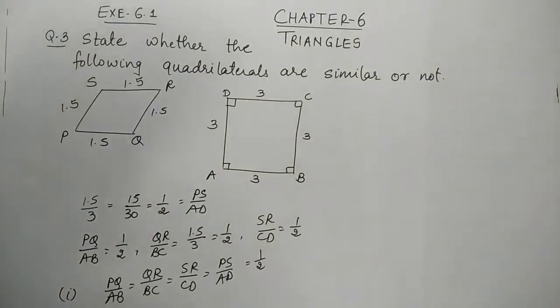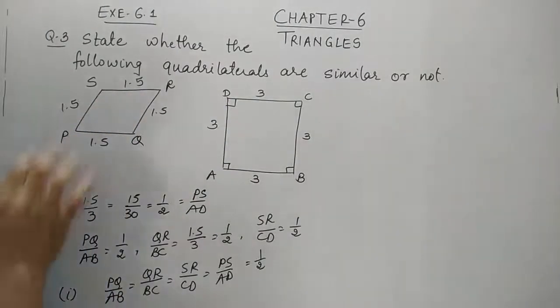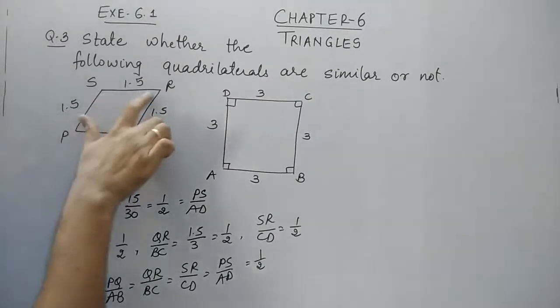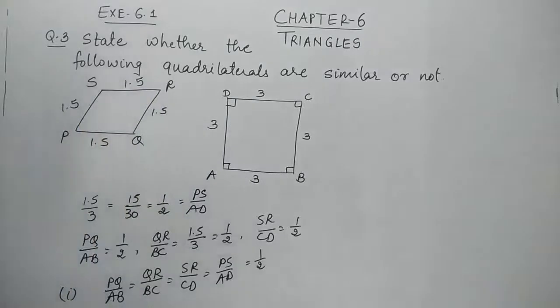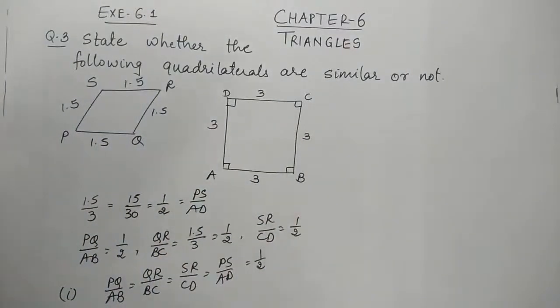Now when we go for the second condition, both the conditions are supposed to be fulfilled. Now look at all the angles; the measures of the angles are not given. So we can say that it is a rhombus, cannot be a square, because we cannot find out it's a right angle. But look here, all the angles in ABCD are right angles. So we can say that the angles are not equal.